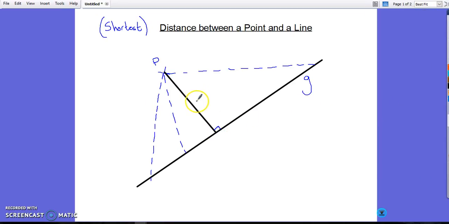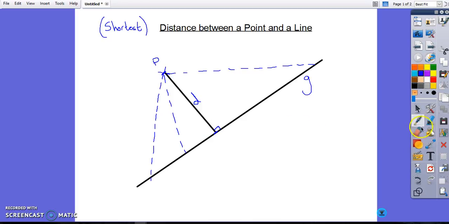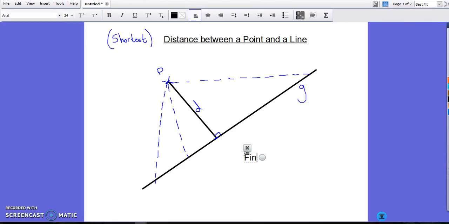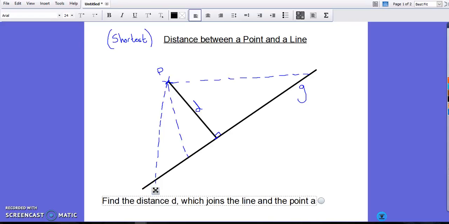So we want this length here, D. So actually, the task here becomes find the distance D which joins the line and the point at right angles.